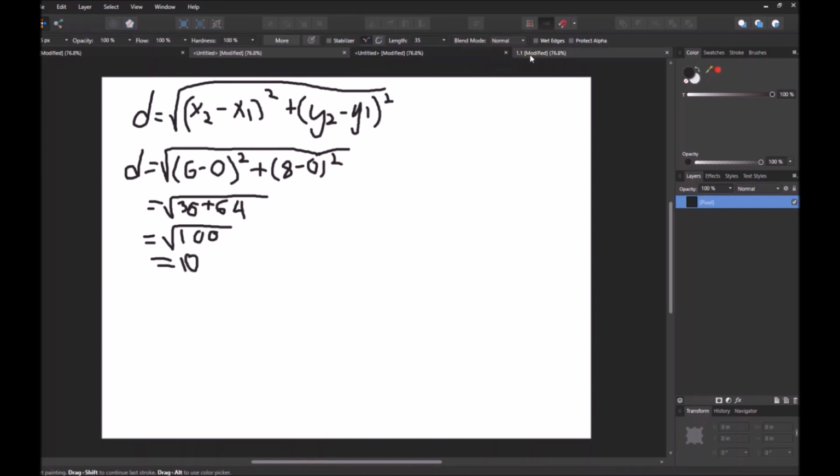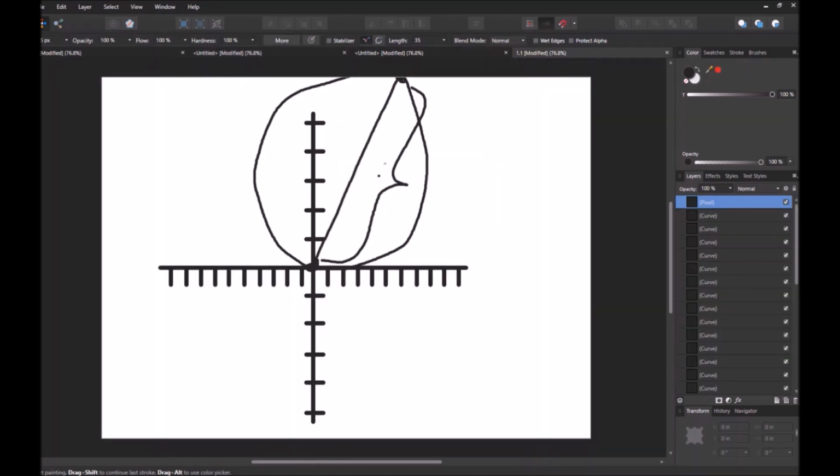So this is what we have so far. This diameter here is equal to 10 units. So if we have the center of the circle, let's just draw the center right here.